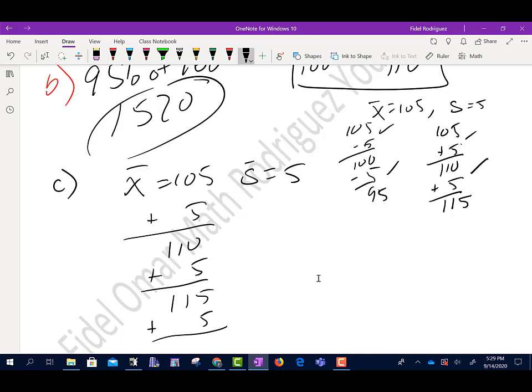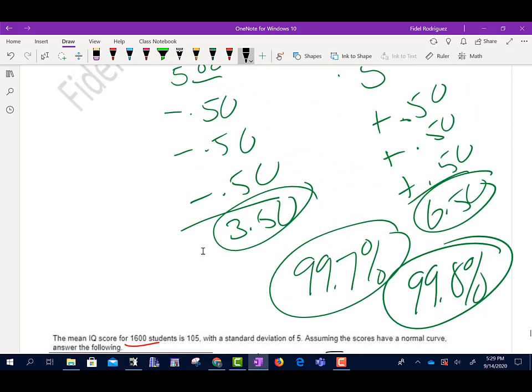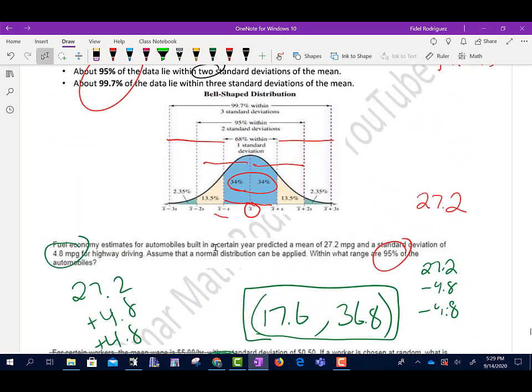And if we do it a third time, we're going to get 120. This would be 120 right here, and we want to know how many have more than that.